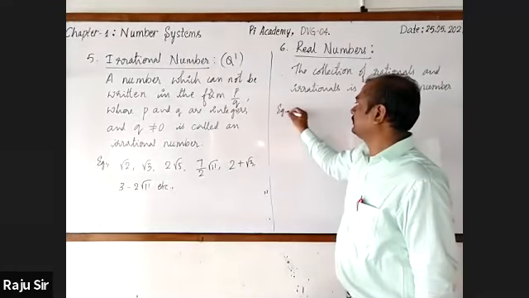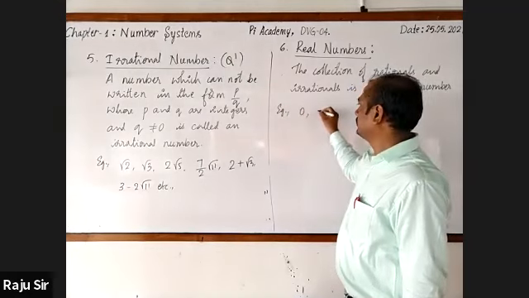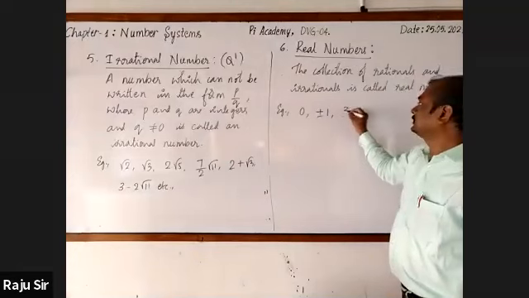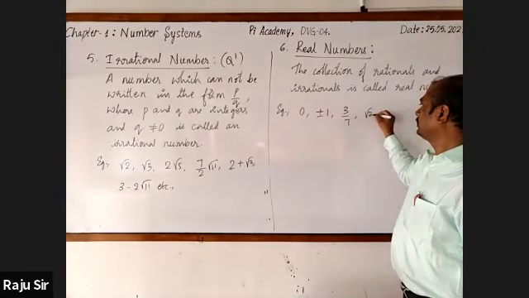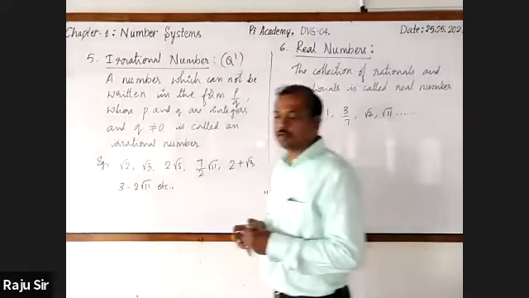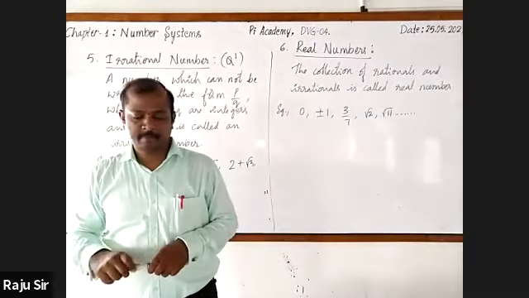Example, write the same: 0, plus or minus 1, 3 by 7, root 2, root 11, and so on. They are all real numbers.